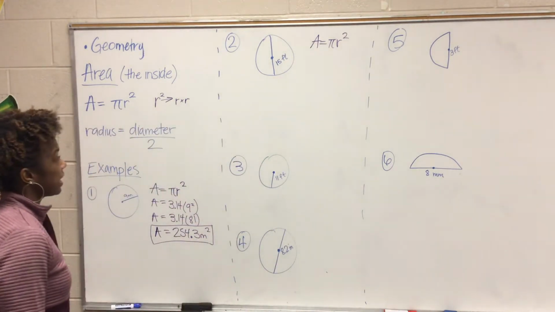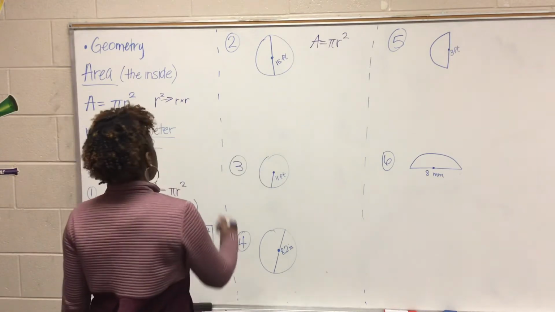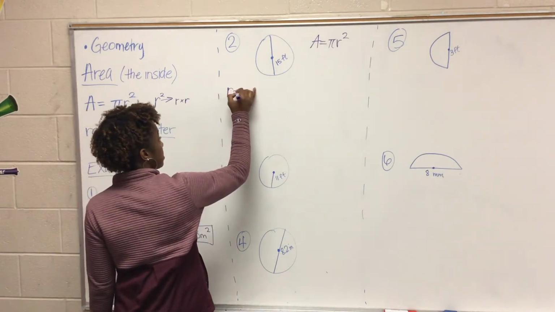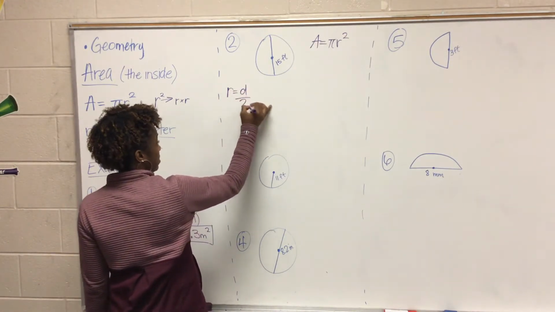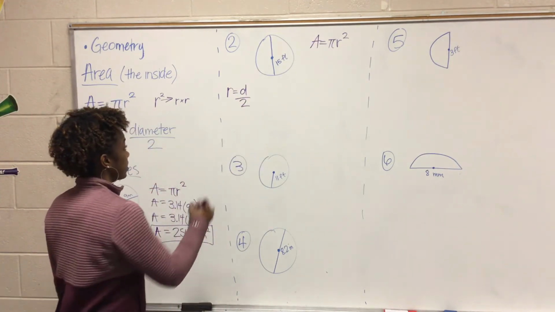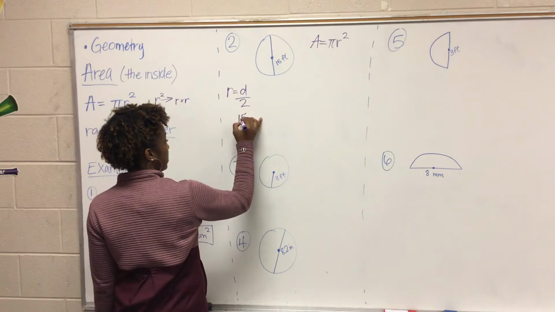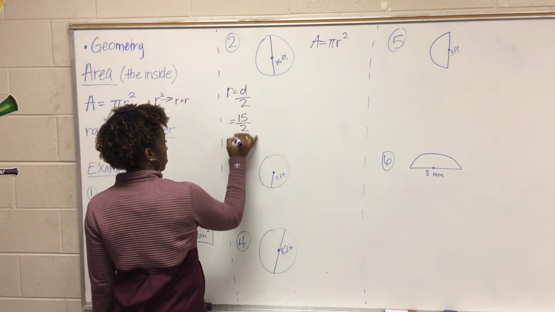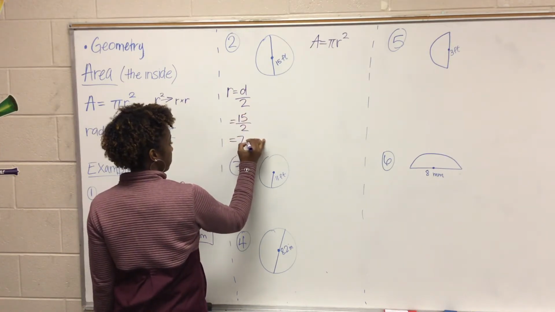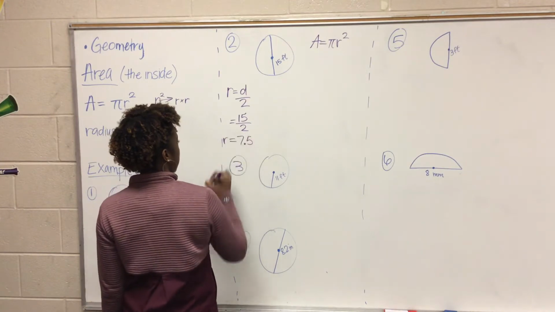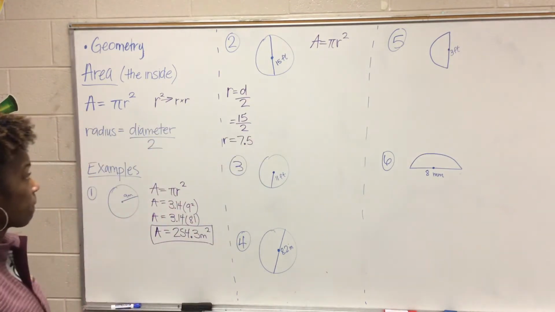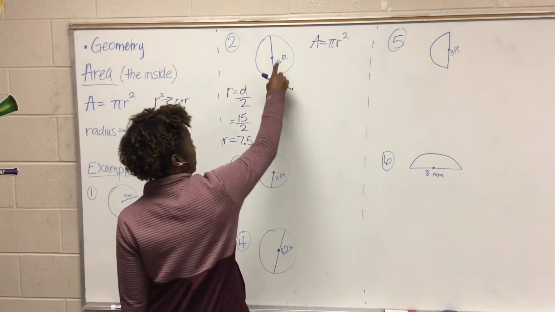However, they gave us the diameter, so we know that the radius is the diameter divided by 2. That is 15 divided by 2, which gives us 7.5. So our new radius is 7.5. We divided the diameter by 2.